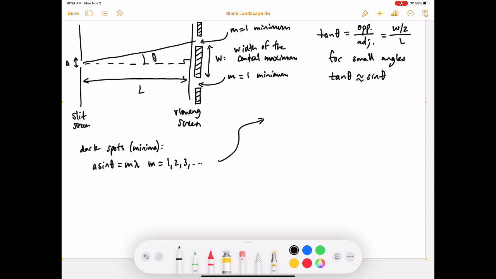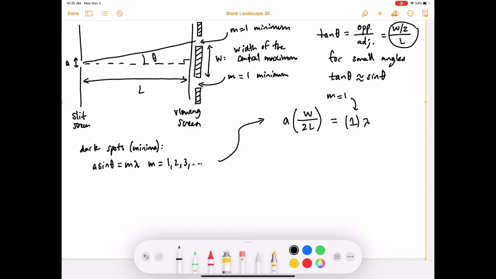But if we have small angles, I can replace that with tangent theta, which is equal to this, W over 2L. So I have A times sine theta, which I'm going to approximate as W over 2L, equaling m times lambda, but specifically, we're talking about m equals 1 here. So plug in 1 for m times lambda, and then solve for W.